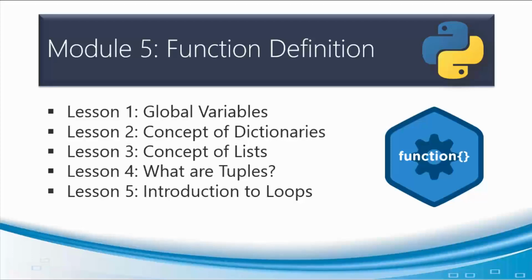Once again, you enter that number, and if that number is also incorrect, the program is going to prompt you again, and you'll keep repeating the steps until you enter the correct number. So that's what a loop is all about. Until you find the correct value, the code is going to keep looping around until the result is finalized. So we'll take a look at loops in lesson 5.